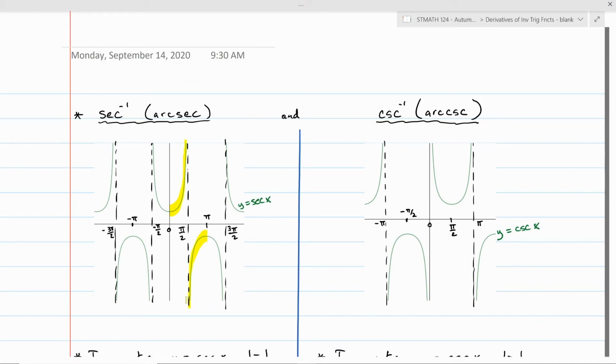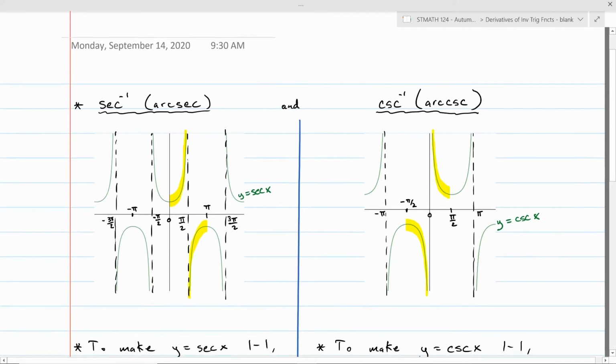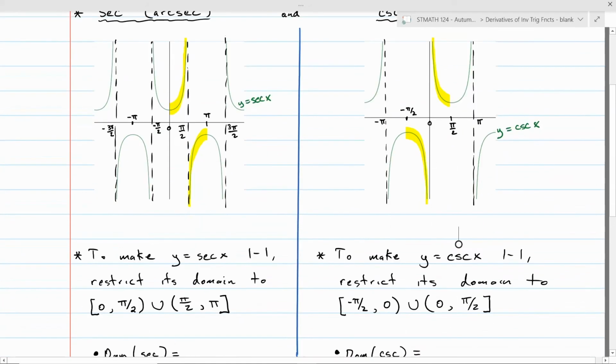And then on the cosecant, you restrict it like this. And restricting there, you get something that is one-to-one and gives you all the possible output values of the original function. So we're making the restriction 0 to pi over 2, pi over 2 not included, then union with pi over 2 to pi. So it just jumps over that asymptote there. And then we do a similar sort of thing with the cosecant function to make that restriction.